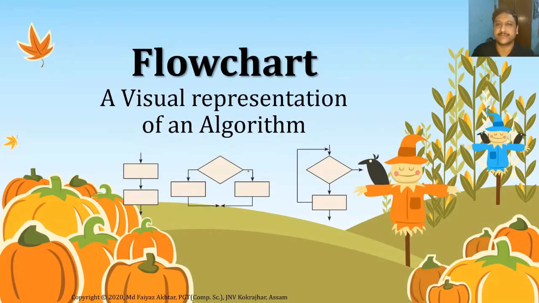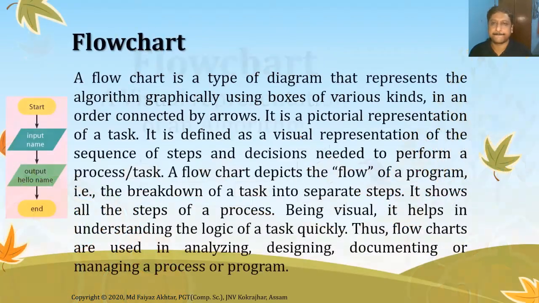Now come to the flowchart. It is another step, and a very easy way to understand the solution of the problem. A visual representation of an algorithm. After the algorithm we have to write this flowchart. A flowchart is a type of diagram that represents the algorithm graphically using boxes and various kinds of arrows in an ordered connection. A flowchart is just a diagram.